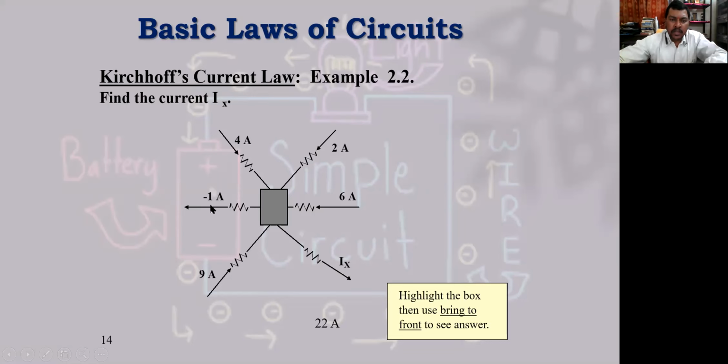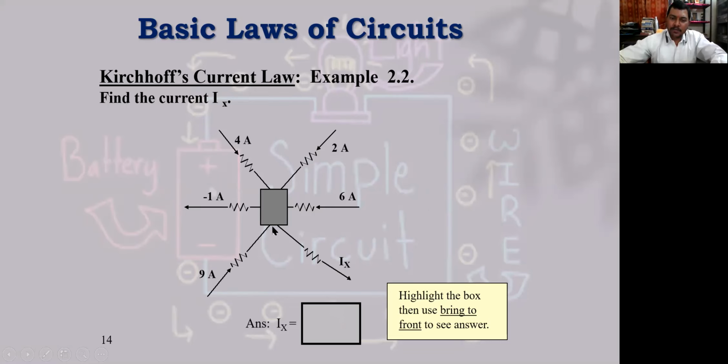This is minus 1A, which is actually leaving the junction, so we have taken it in the negative direction. 9A is another current coming to the junction. So this was how we were expecting to calculate.